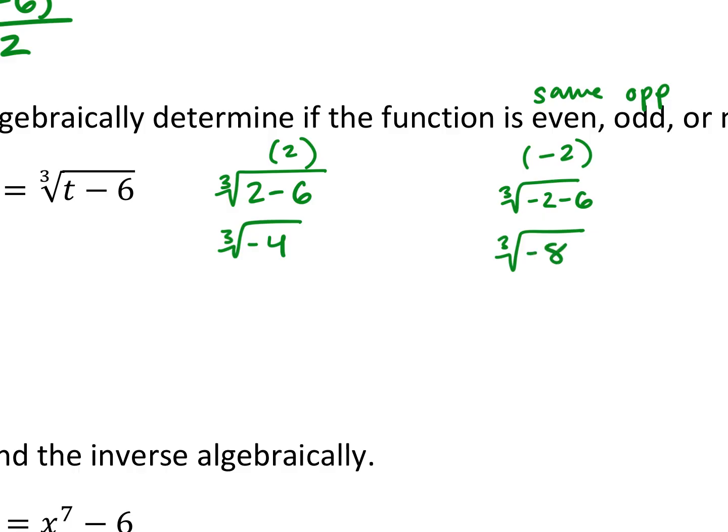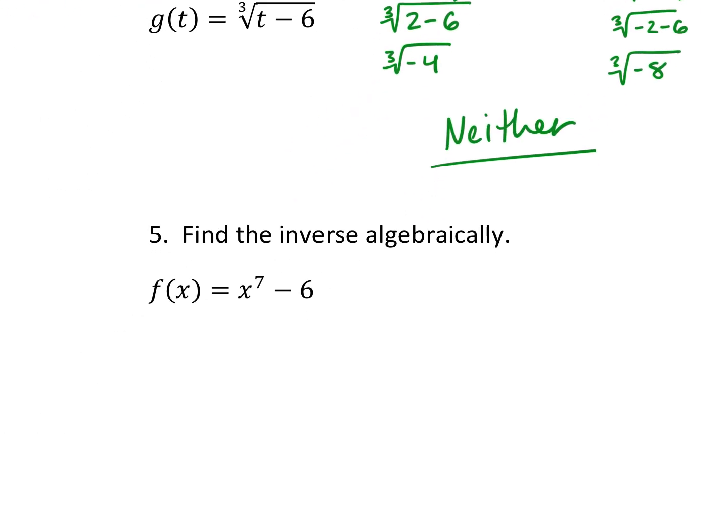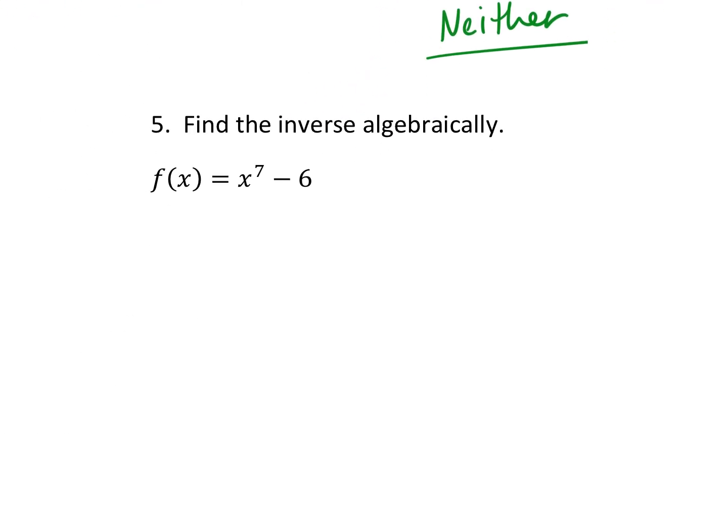Are these the same answer? Are they opposite answers? No, they're completely different. So what would our answer be here? Neither. Number five says find the inverse. We already did one of those, so I'm going to skip it.